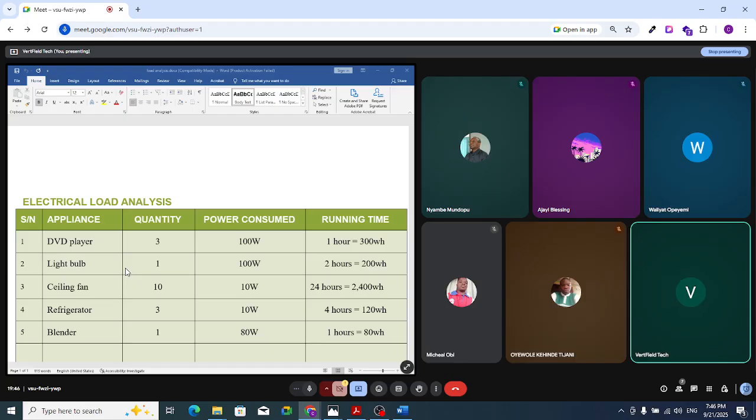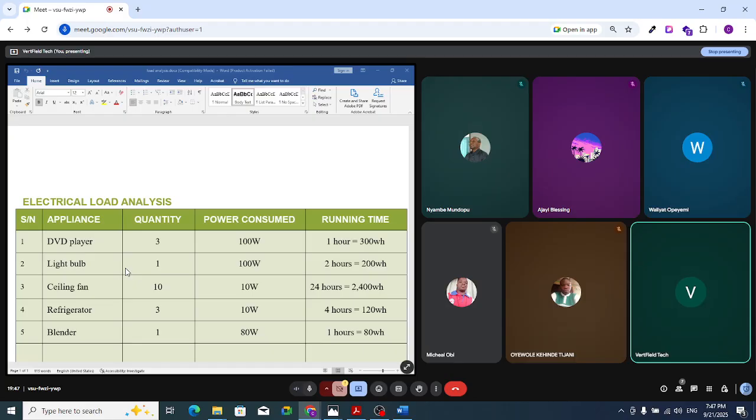Now, when I said the rated wattage of each and every appliance, how do you know that? Some of you would want to ask me that question. It is very simple. For you to get the wattage being consumed by your appliance, it is usually written clearly on the packaging or the body of your appliance. That's what we call the nameplate.